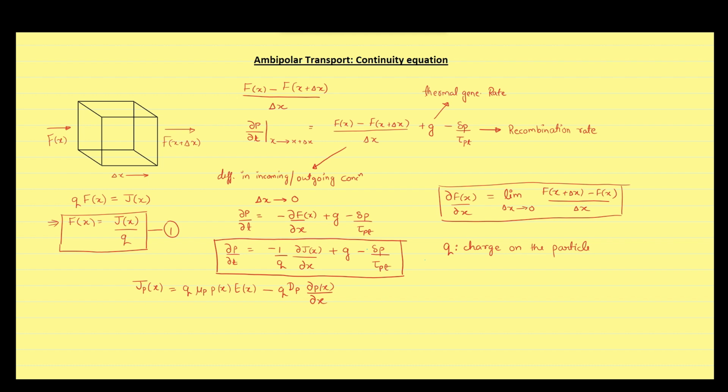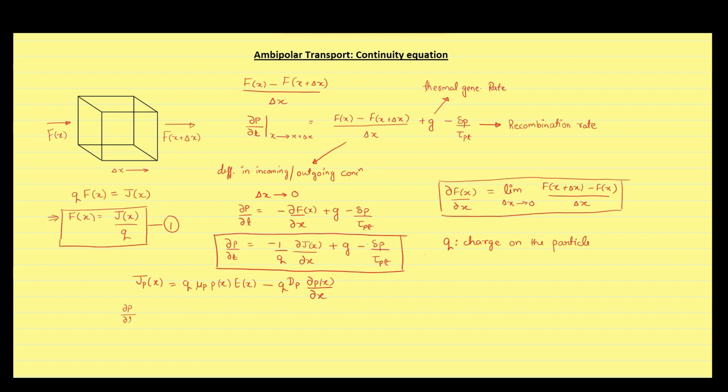Now, if we put the value of current density due to holes in the continuity equation, then we will get the following. This is the continuity equation for holes in expanded form.